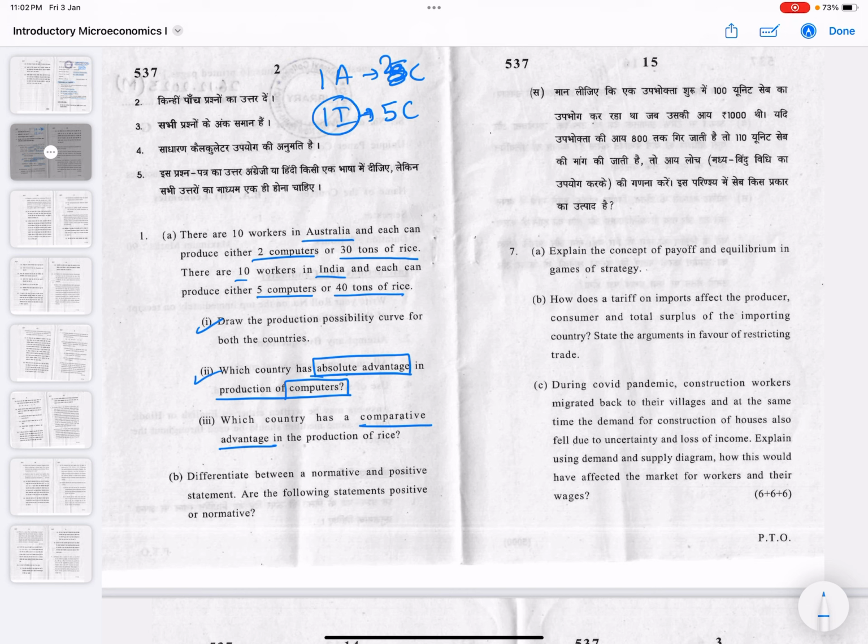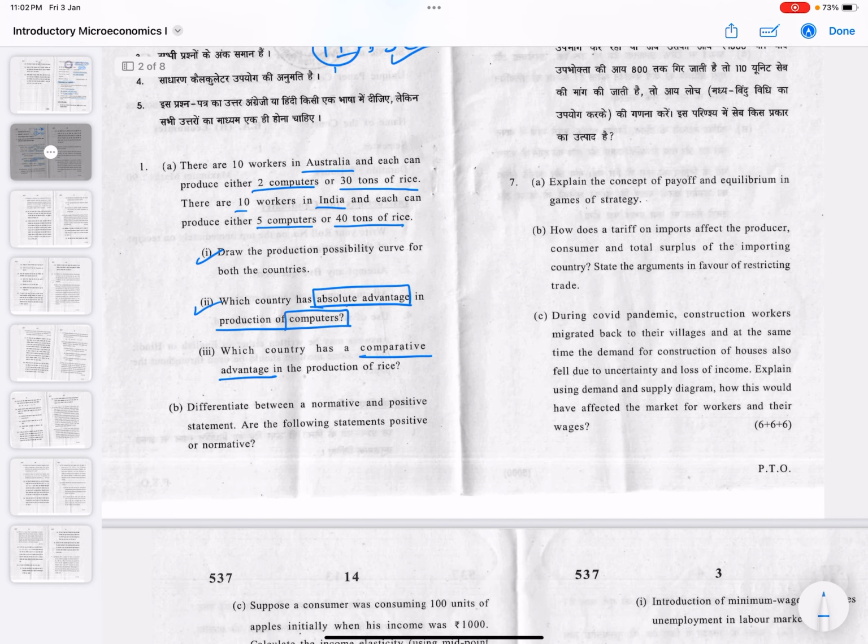So the Indian worker has an absolute advantage in production of the computers, because one labor is able to produce more number of computers as compared to its Australian counterpart.